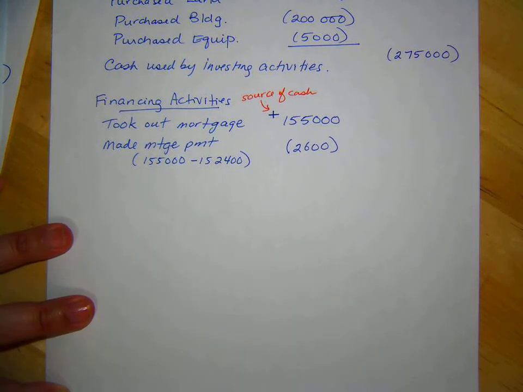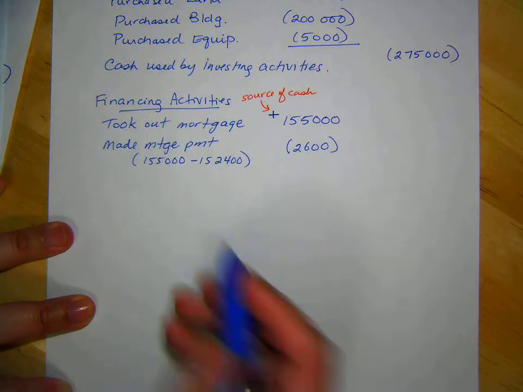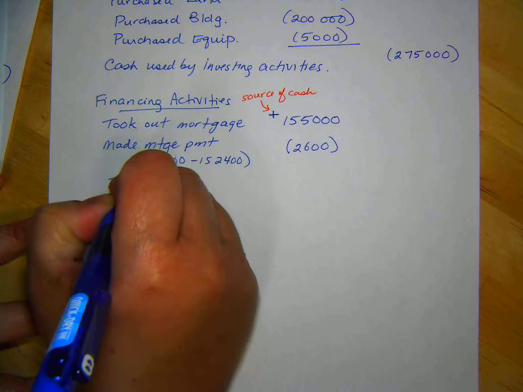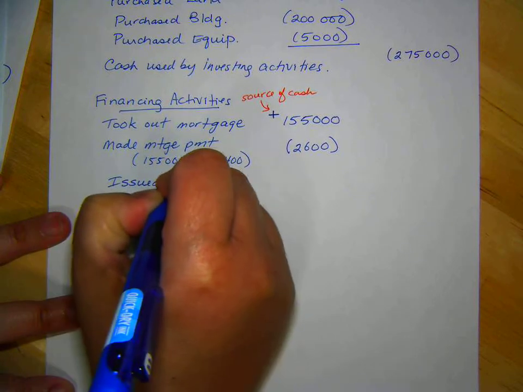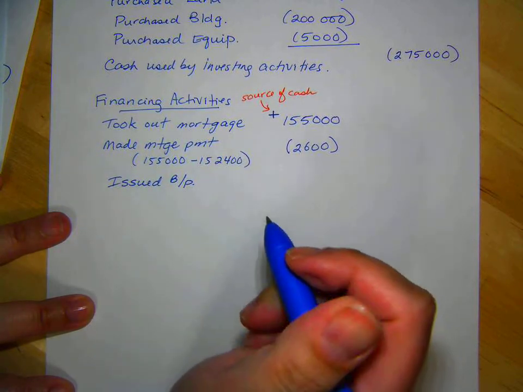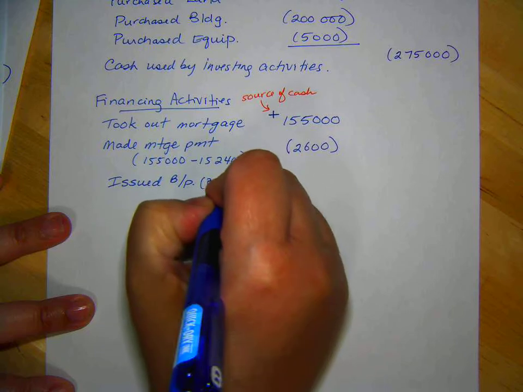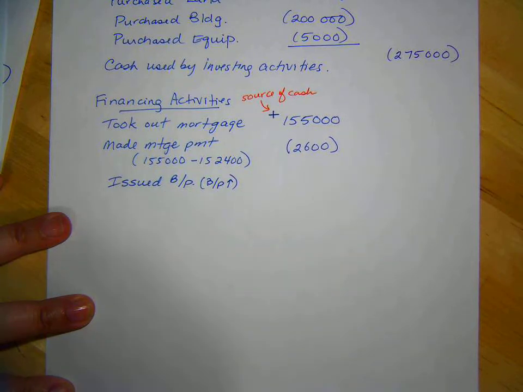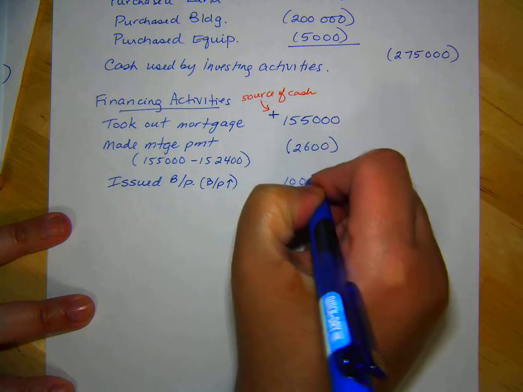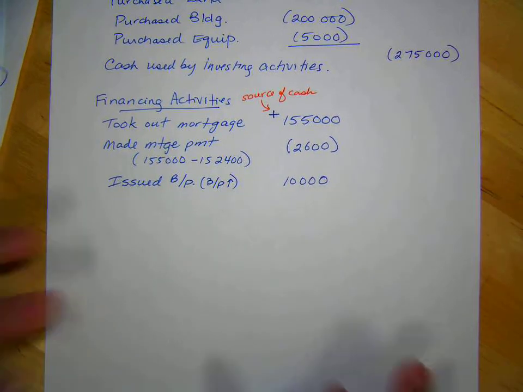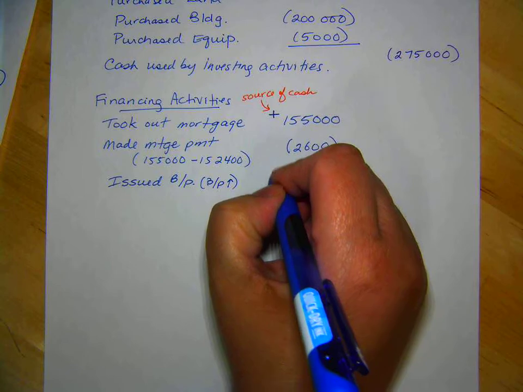Okay, then going further down, we've got bonds payable. So they went up, so we must have issued bonds payable because bonds payable increased for $10,000. And if we issue or sell bonds, we get cash, so again, it's positive.